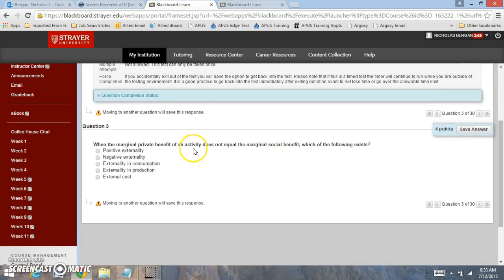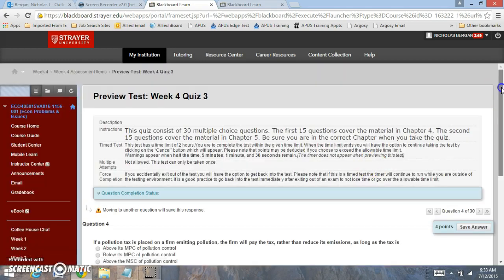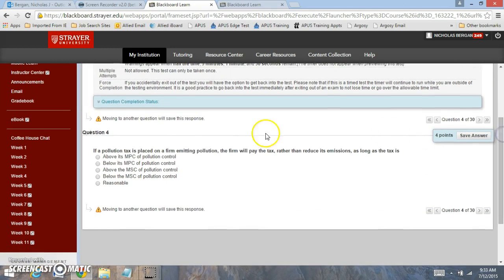When marginal private benefit of an activity does not equal marginal social cost, you'll notice that when we're looking at benefits, that will be positive externalities. Whenever a tax exists, that must be because there's a negative externality present in the market.